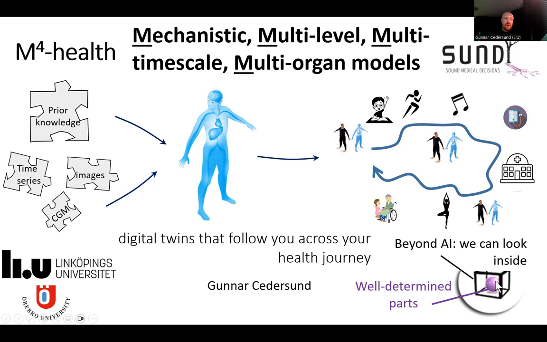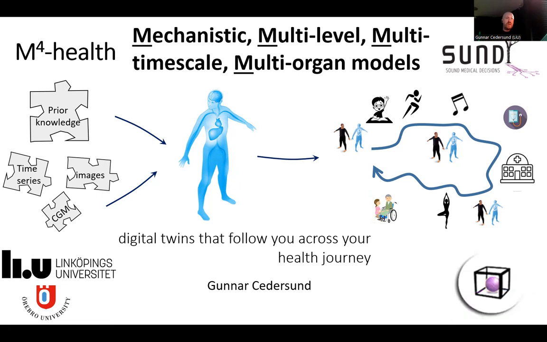So that's symbolized by the core ball here in the middle. And nowadays we also do hybrid models where we combine our mechanistic model with machine learning models and other statistical models to be able to incorporate all types of data and all types of knowledge into an interconnected model. But here, for aesthetic reasons, it's not included, but we do use a hybrid approach to create these digital twins.